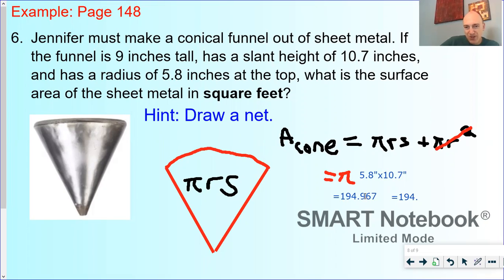What does a 9 move up to? It moves up to a 10, but we can't obviously write 194.10. That's not going to make sense because that's not the right number of decimal places. It's going to move the whole thing up to 195 or 195.0. And again, square inches, because we're dealing with inches and a surface area is always going to be in square units.